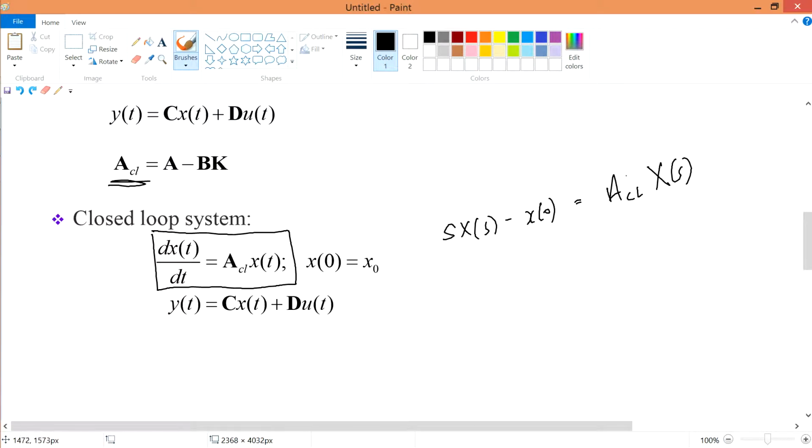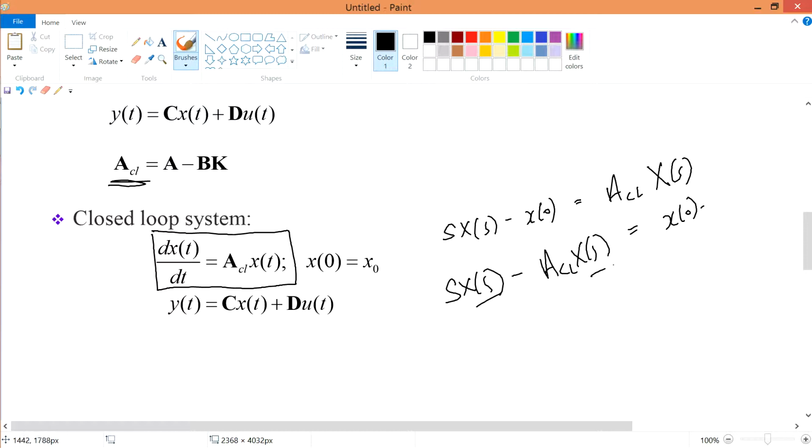Since the X(s) over here are the same, I'll bring this x0 over to the other side first, and then bring this A_CL over to this side. So what I have is sX(s) minus A_CL X(s) is equal to x0. I'm simply switching the sides only.